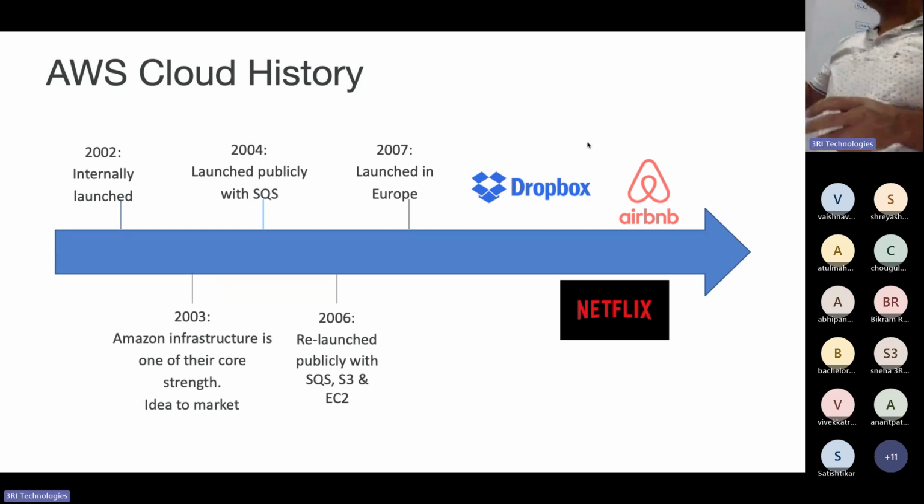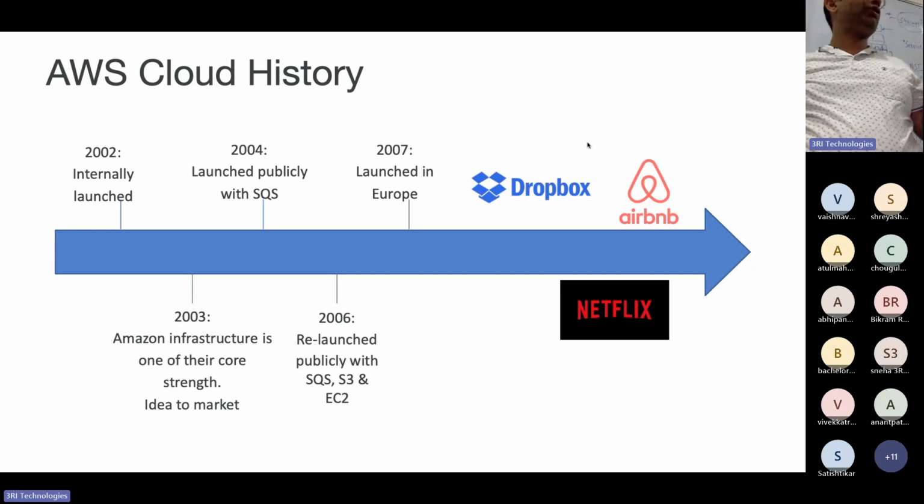But there would be a sudden spike and then very little usage of the services. So someone at Amazon said, we have this huge computing capacity and infrastructure, but we are not utilizing it. Why shouldn't we sell it to other people?